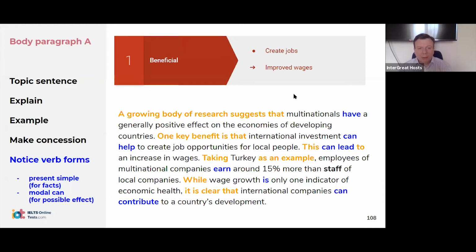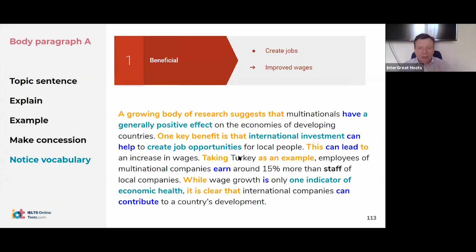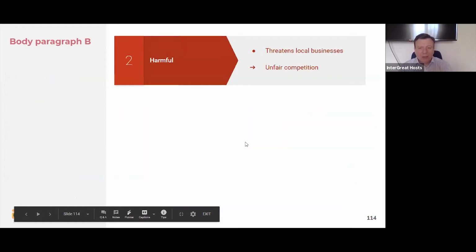Let's have a look at body 2 in a minute. So positive effect. So collocations: international investment, collocation; create job opportunities, collocation; one indicator of economic health, collocations.